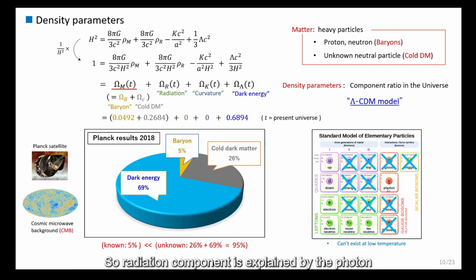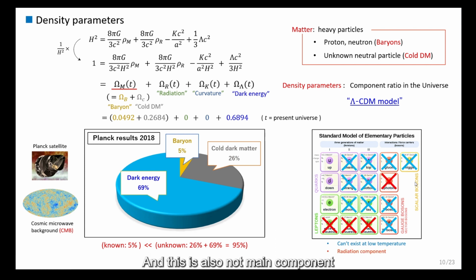The radiation component is explained by the photon and the neutrino, and this is also not the main component of dark matter and dark energy. So the remaining is just the up quark, down quark and electron. But of course, the up quark and down quark form the baryon. So baryon means the proton and neutron. And also this electron is absorbed by this proton and neutron, including this baryon component.